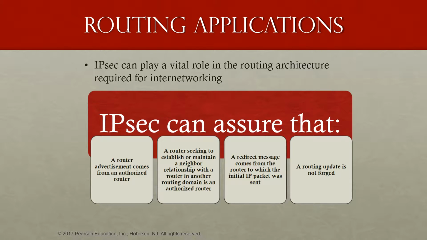A redirect message comes from the router to which the initial IP packet was sent, and a routing update is not forged. Without such security measures, an opponent can disrupt communications or divert some traffic. Routing protocols such as Open Shortest Path First, OSPF, should be run on top of security associations between routers that are defined by IPsec or have some other security protection.